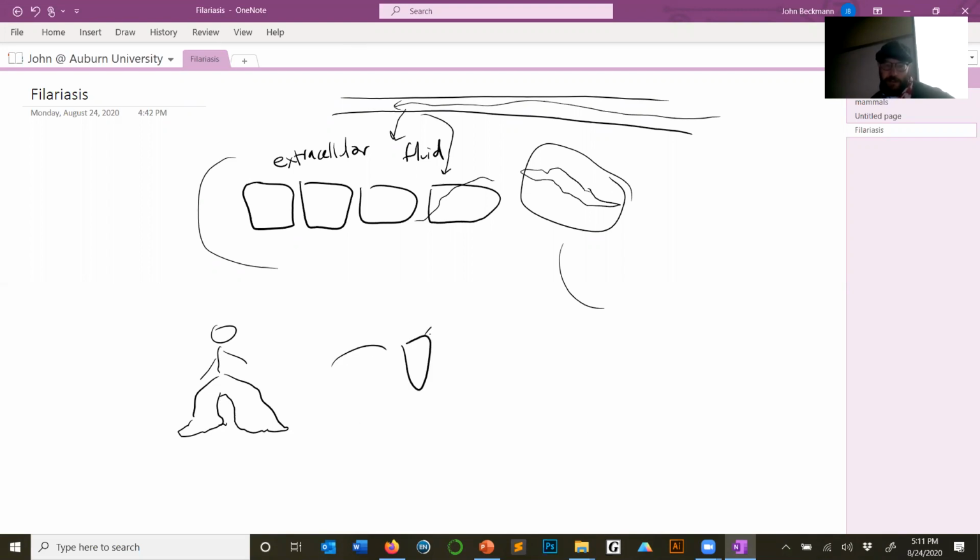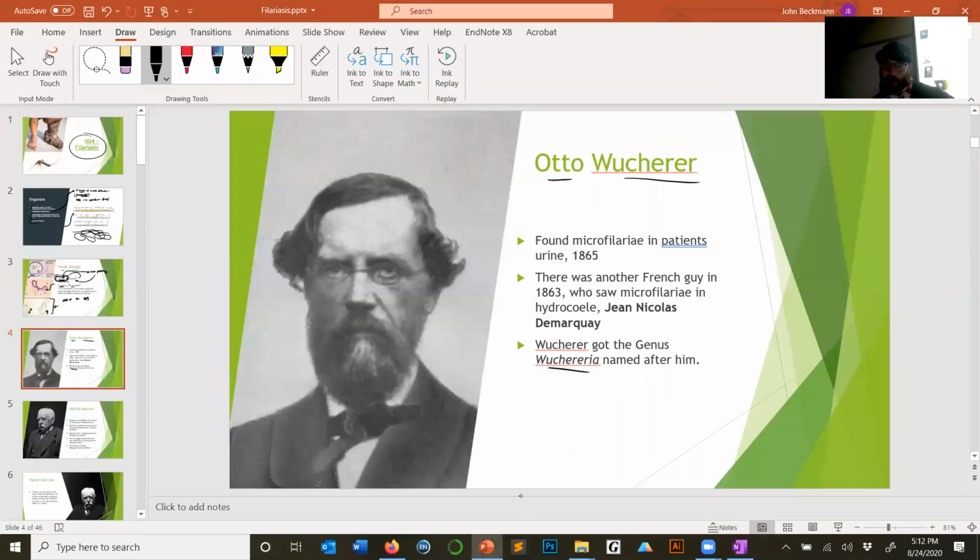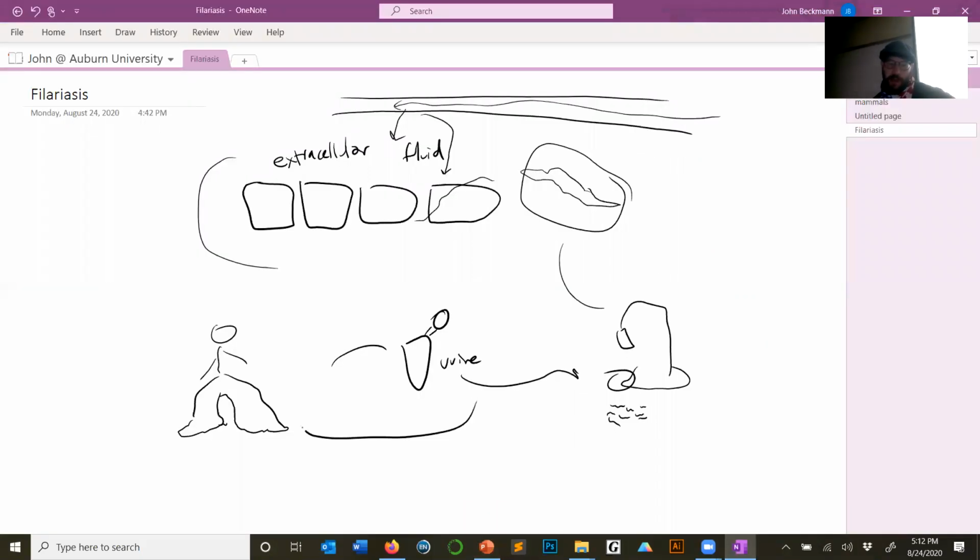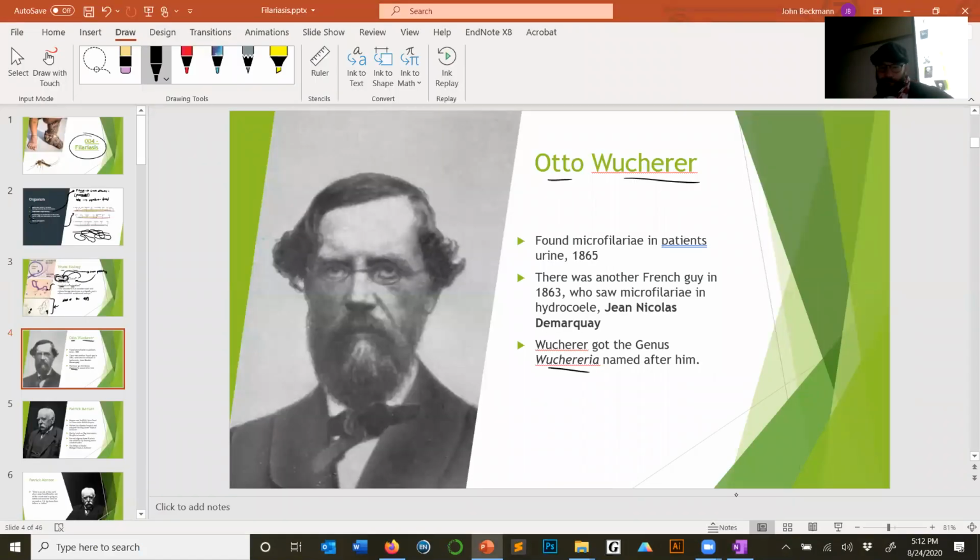Then he would look at the urine under a microscope, and he was able to see the microfilaria, the worms, in the urine. So this guy is the first person to identify worms in the urine, and he suggests that these worms are probably the cause of that phenotype, that elephantiasis pathology.